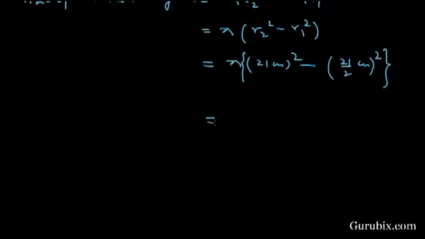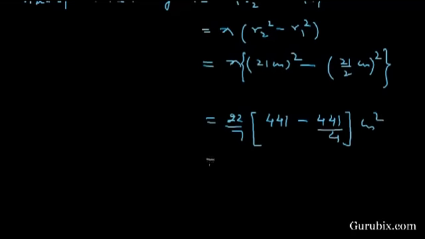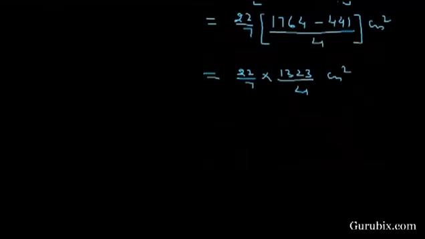So this is equal to 22 over 7 times 441 minus 441 over 4 centimeter square. This is equal to 22 over 7 times 1323 over 4 centimeter square, and if we further calculate, it will be equal to 1039.5 centimeter square.